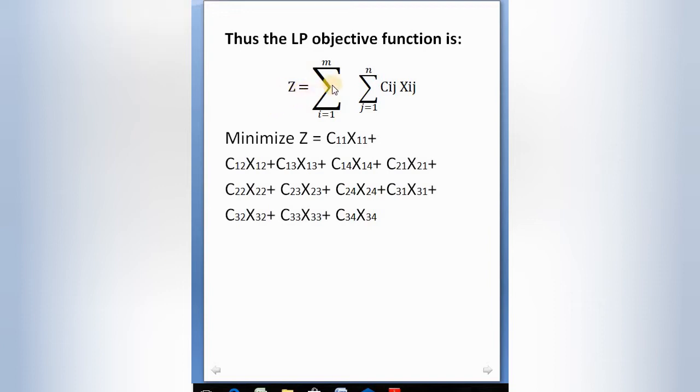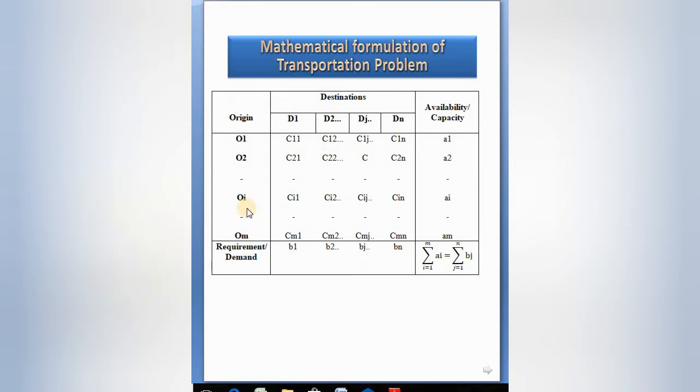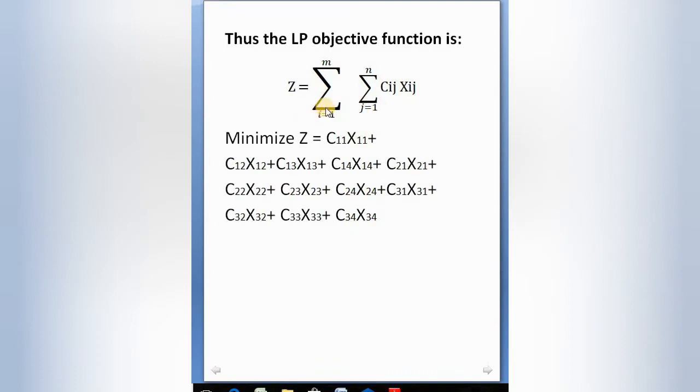So Z is equal to, as you know already, I comes under origin and J comes under destination. So for the chilling centers and milk shed, I am going to formulate a separate formulation. Z is equal to the summation from i equal to 1 to M, summation from j equal to 1 to N, Cij Xij.